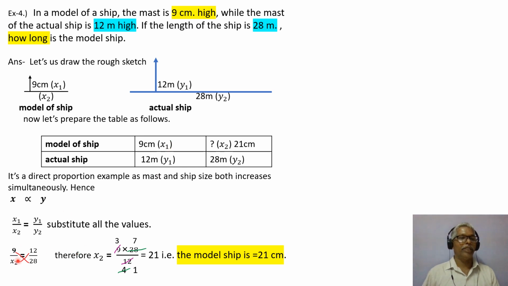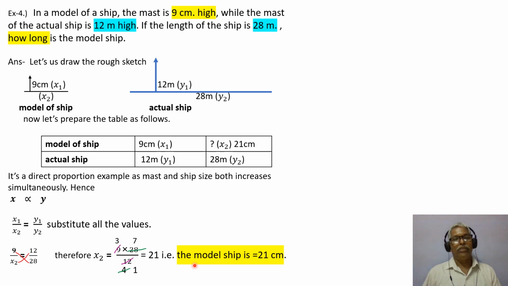x1 is 9, x2 we have to determine, and 12 upon 28. Therefore, if you cross multiply, 12 will go down and this will go there, like 9 into 28 upon 12, and you get the answer 21.